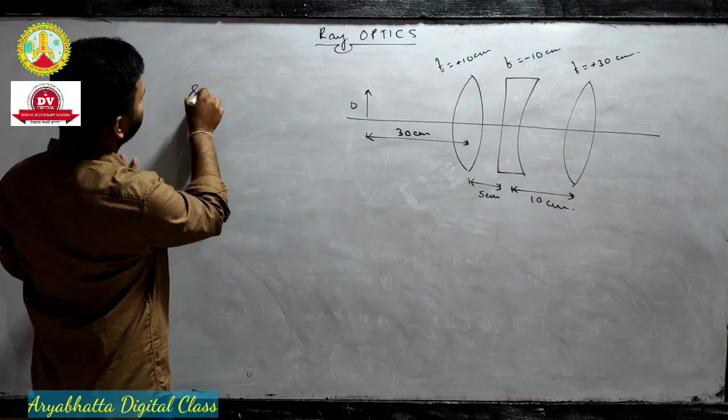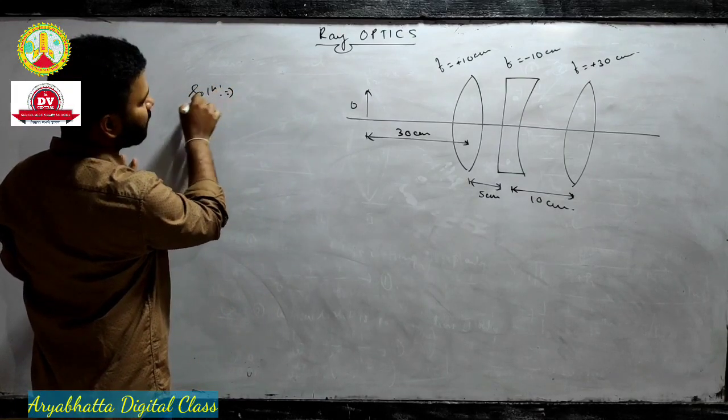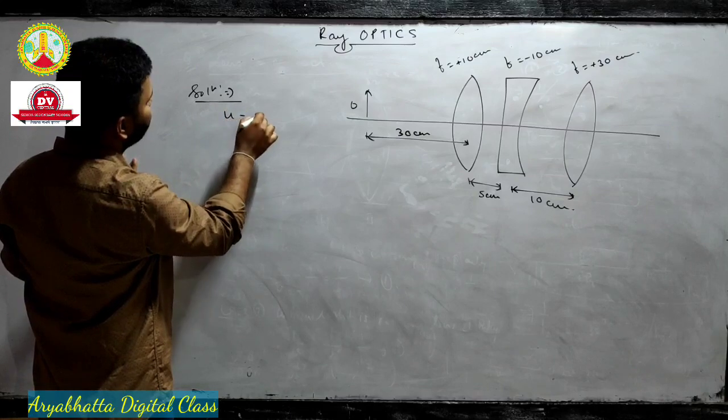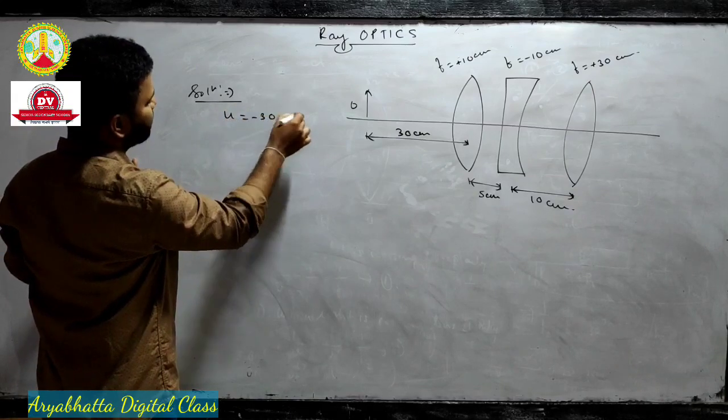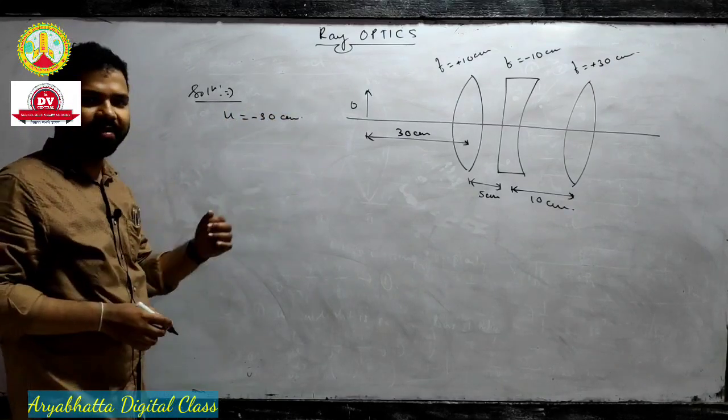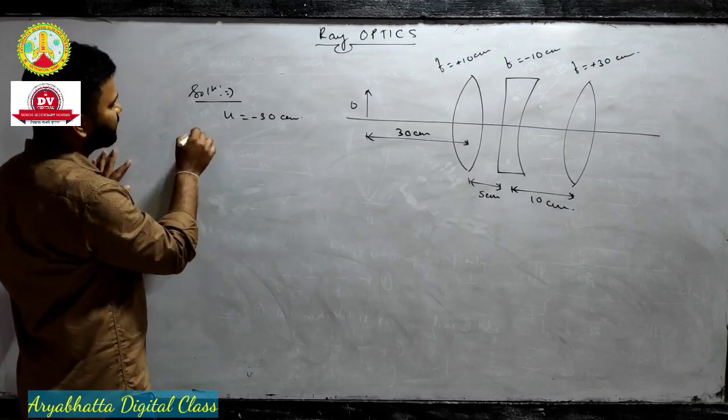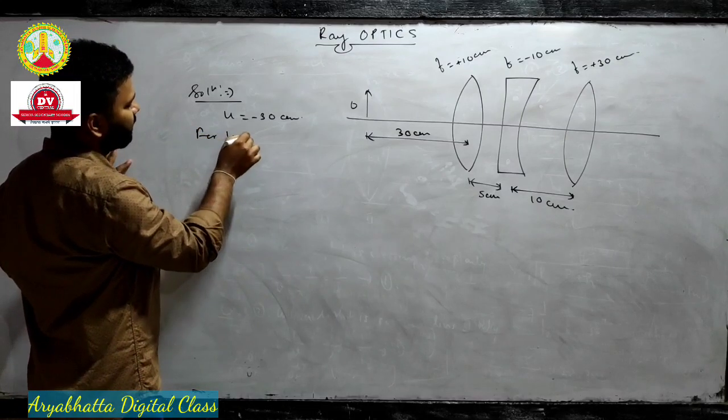Solution: u is equal to minus 30 centimeter. This is given. So the first one is for lens 1.